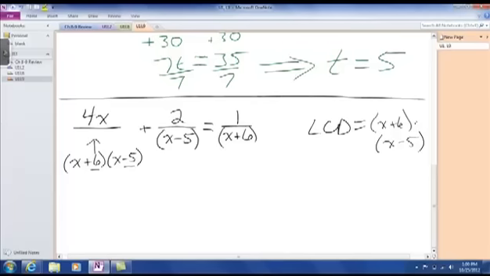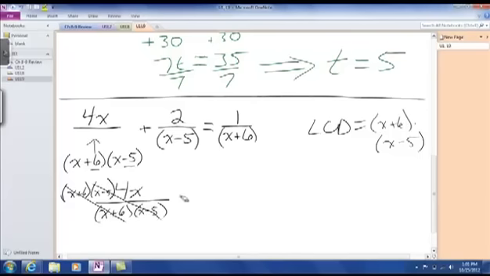I'm going to have to bring it down here below this to write it again. So let me write it again. 4x over x plus 6 times x minus 5. Well, you can see what's going to happen here. If I multiply by x plus 6 times x minus 5 up here, both of those factors are going to cancel out.